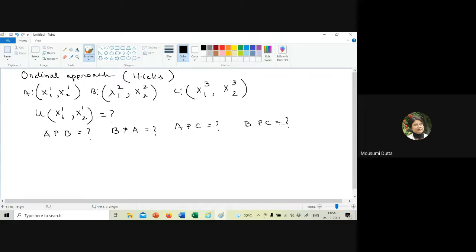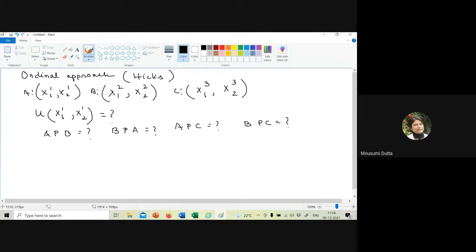However, I'll be able to mark this is better to me, this is worse, this is equivalent. So I'll be able to order my preferences. This entire concept is known as the ordinal approach. In Hicksian theory, therefore, there is no unit of measurement to indicate the volume of satisfaction.